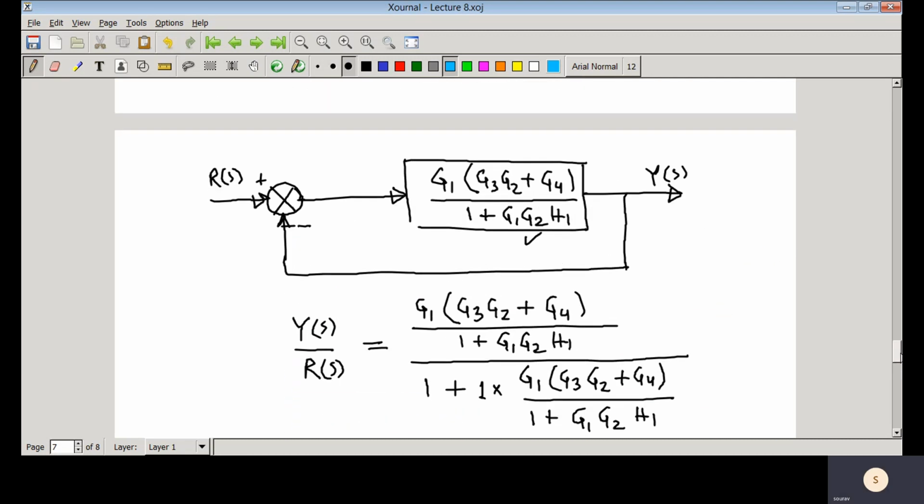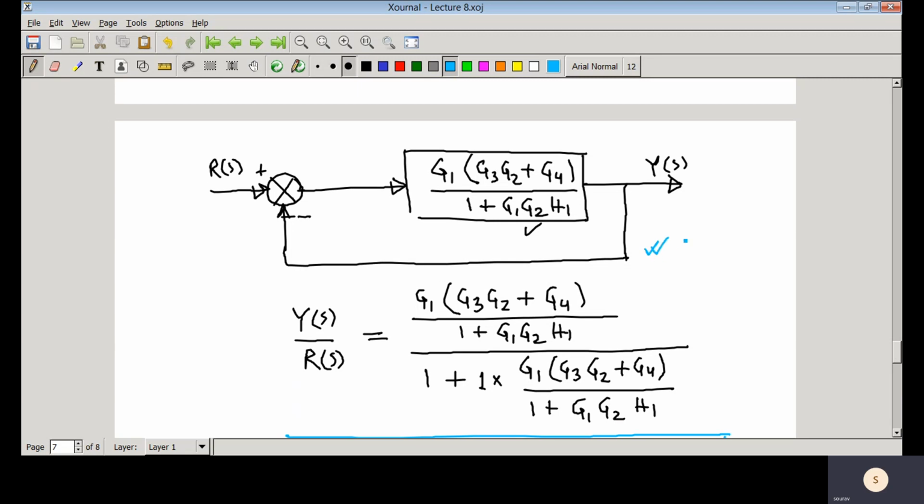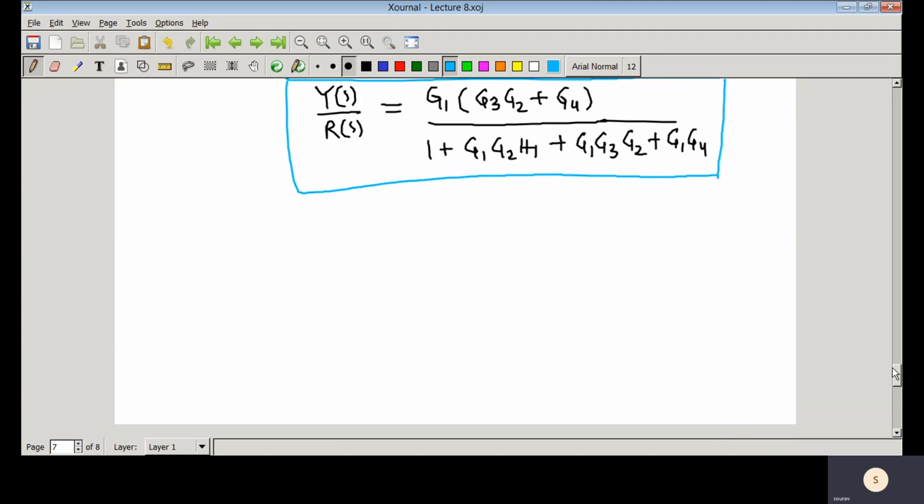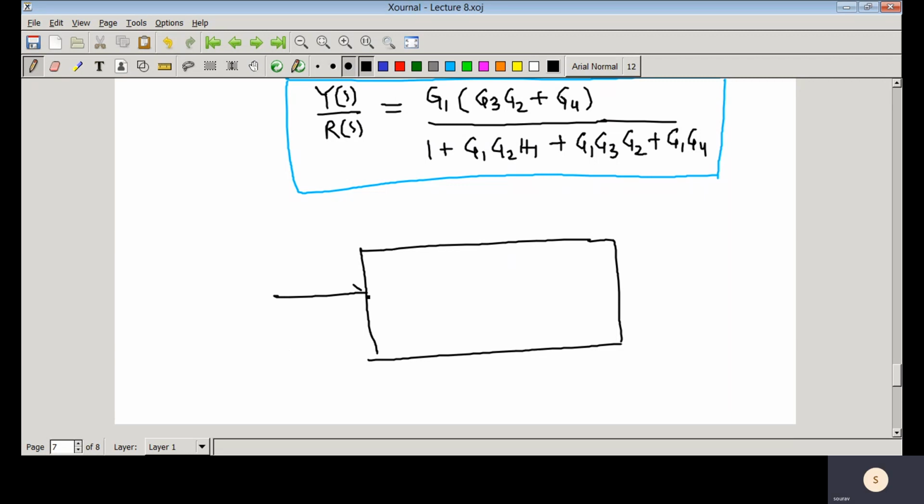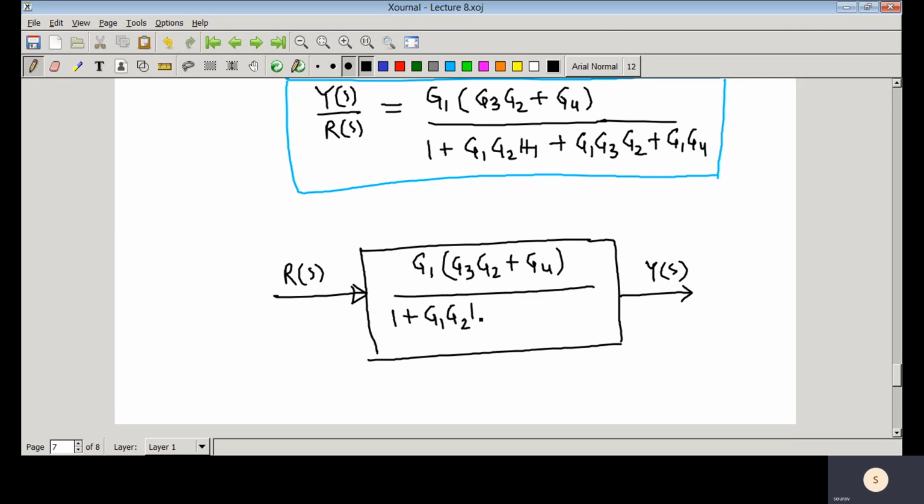If you simplify this block diagram, finally you can draw the block diagram representation: this is R(s), and you have Y(s), and inside it you have the transfer function G1 into G3 G2 plus G4 divided by 1 plus G1 G2 H1 plus G1 G3 G2 plus G1 into G4.